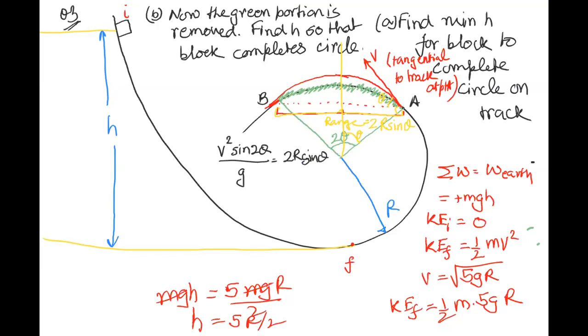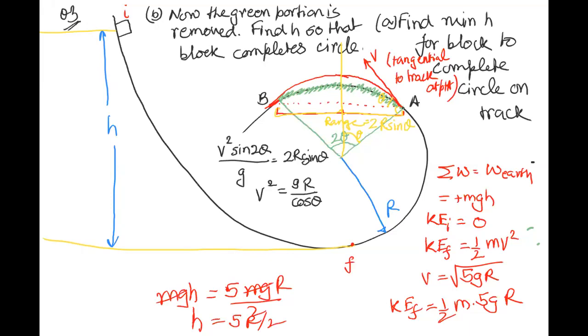So v square must be equal to gr upon cos theta. आया समझ में क्या हुआ? मैंने साइन 2 थीटा को 2 साइन थीटा cos थीटा रख दिया और राइट हैंड साइड में 2 साइन थीटा है तो वो उससे कैंसिल हो गया और cos थीटा फिर नीचे डिनोमिनेटर में आ जाएगा.